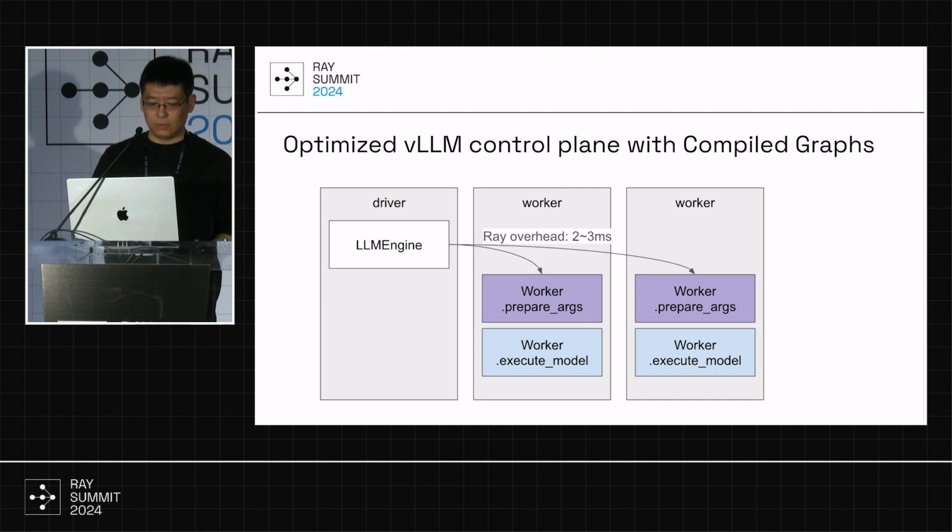Previously, when Ray was used, the overhead was 2 to 3 milliseconds for the communication and serialization. When we use compiled graphs, the overhead is about 100 to 200 microseconds. With compiled graphs, we have reduced the latency for distributed inference.